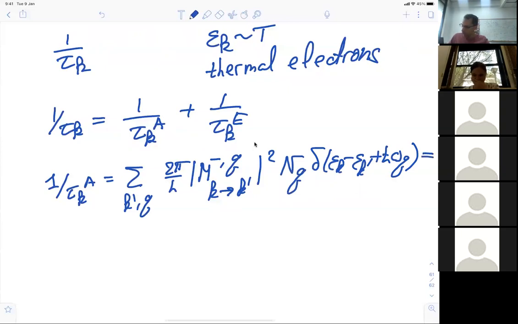And now let me substitute there the matrix element M for the model of deformation potential we discussed last time.